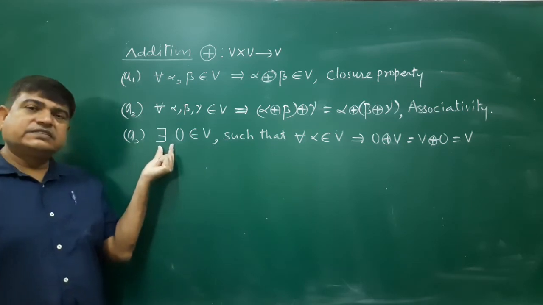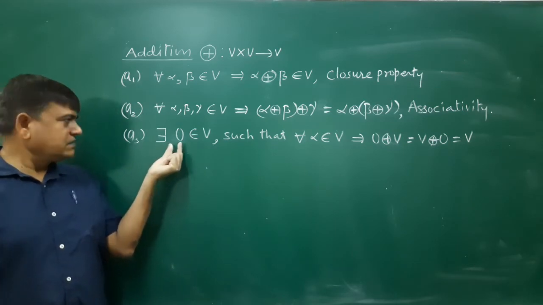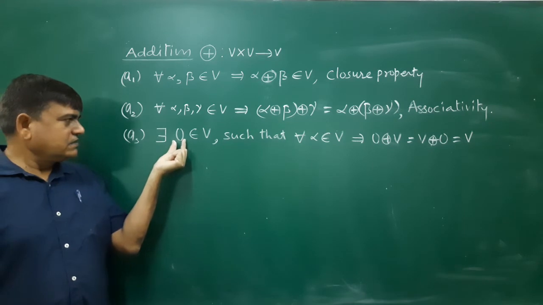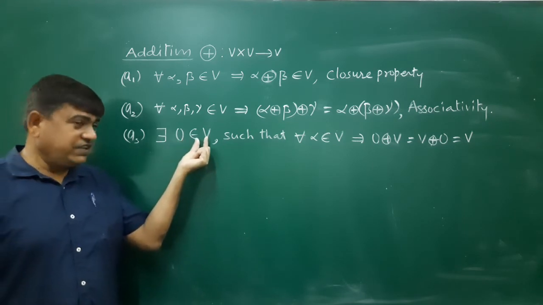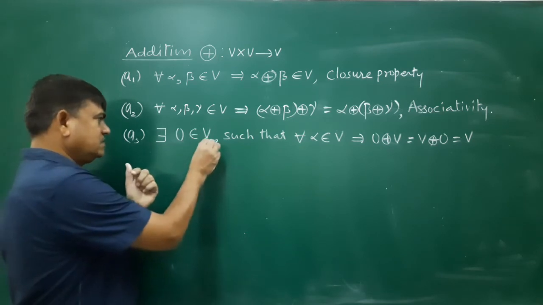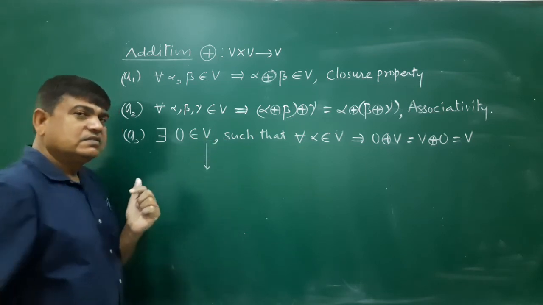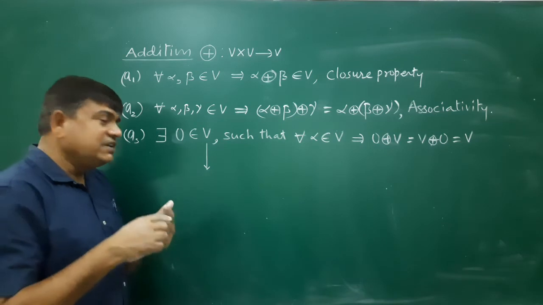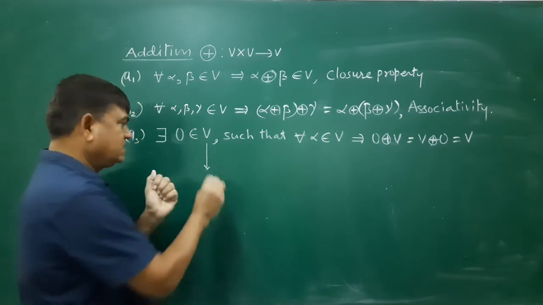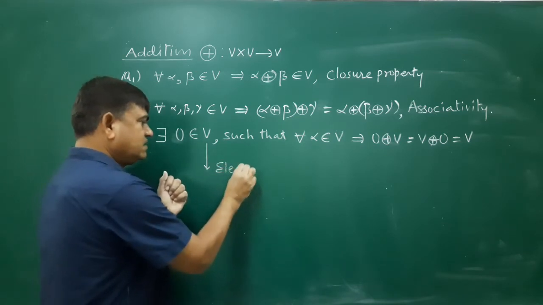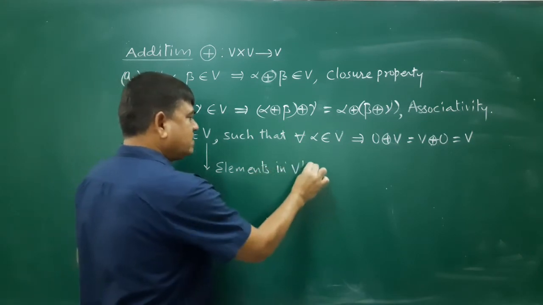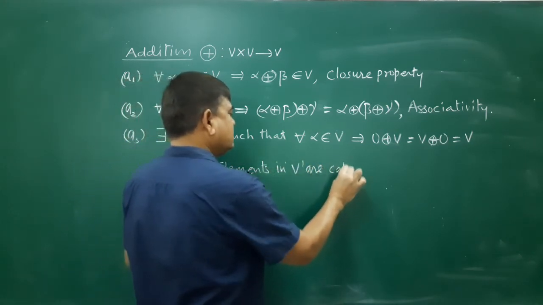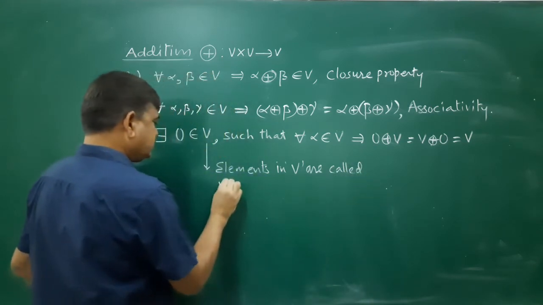There exists zero belongs to V. What is the name of the element of V? Elements in V are called vectors.